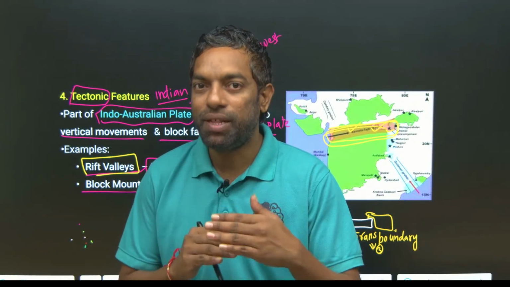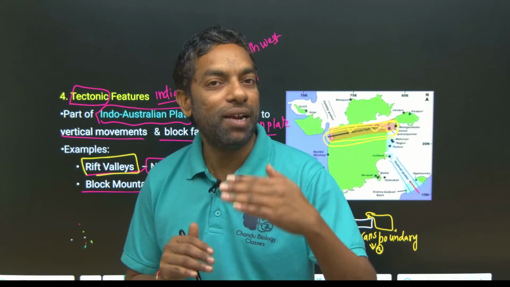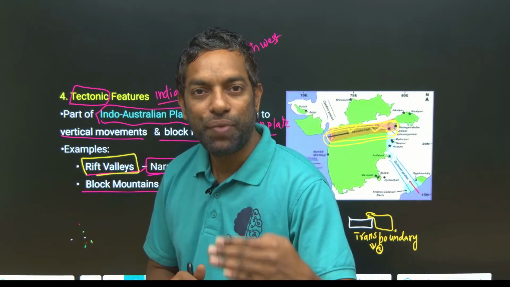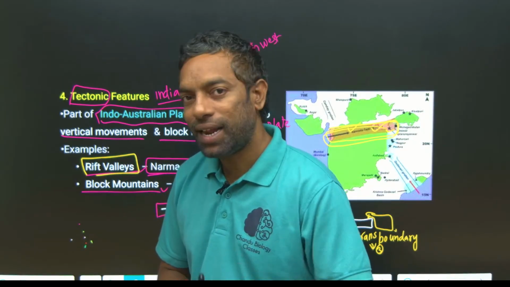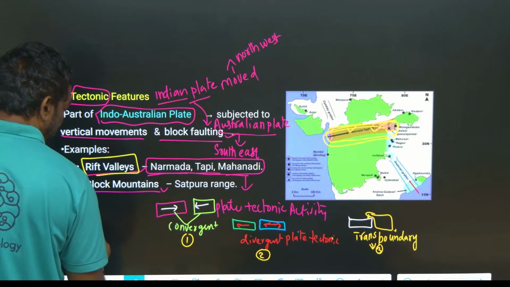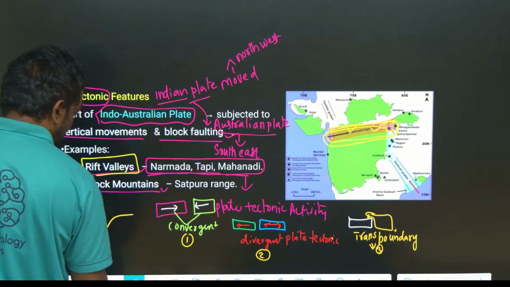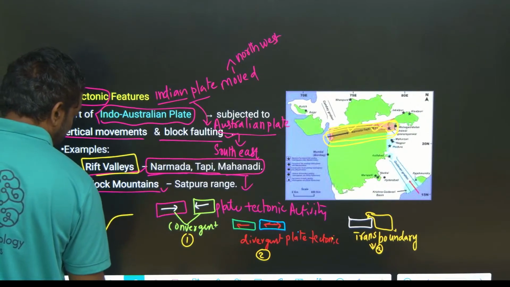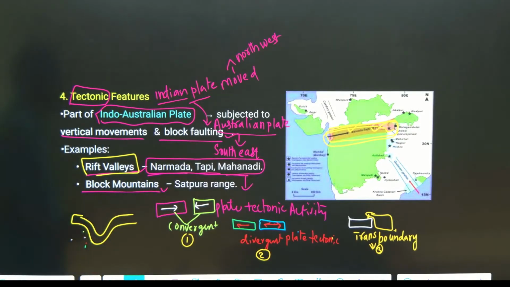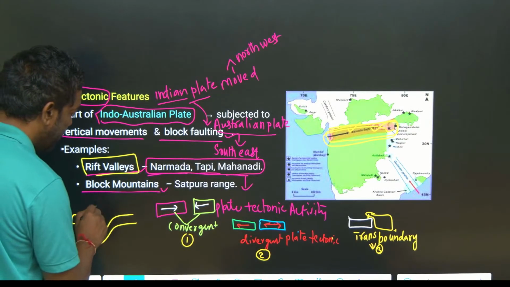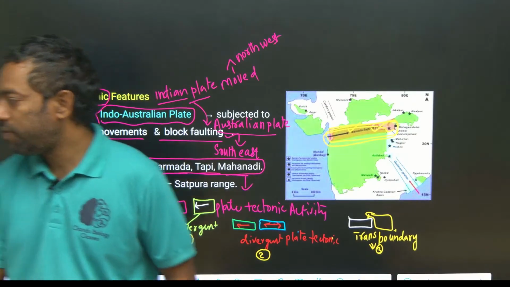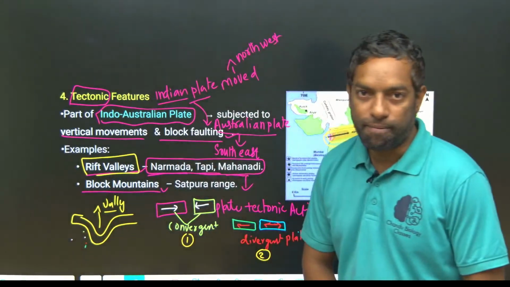The middle of the mainland was created by rift valleys due to tectonic activity. Which kind of tectonic activity? A valley is a relief feature that goes downward, and that is a rift valley.